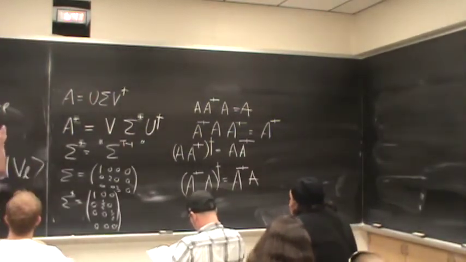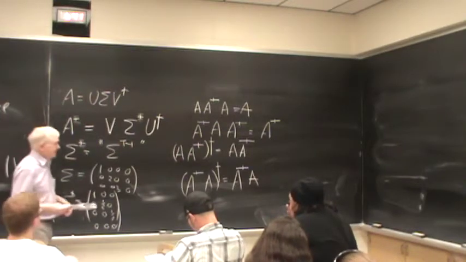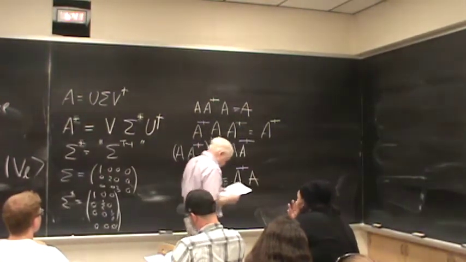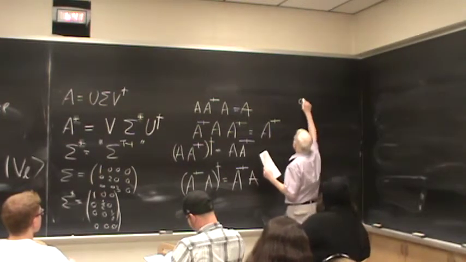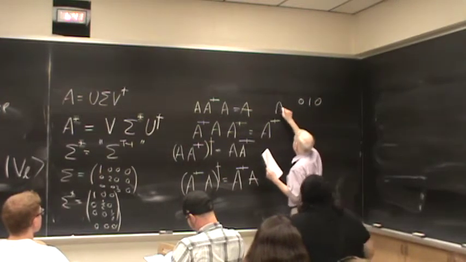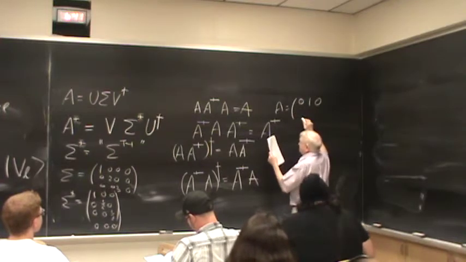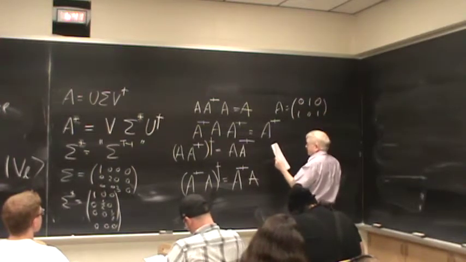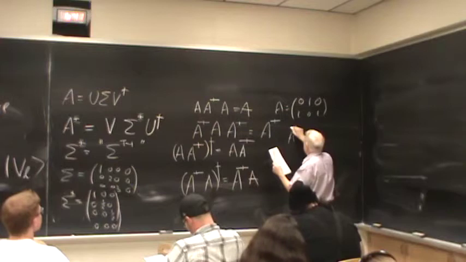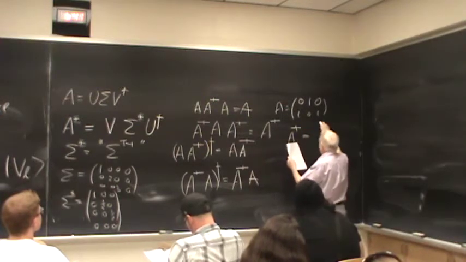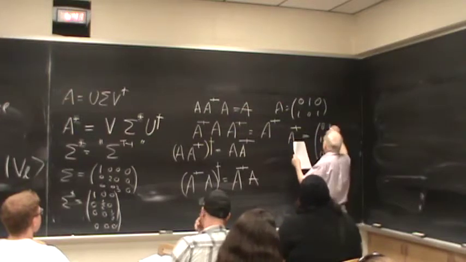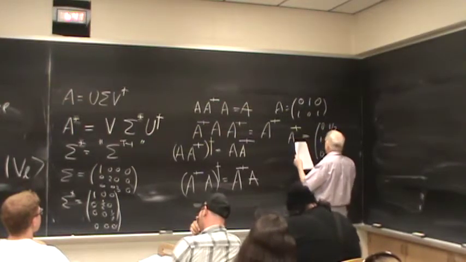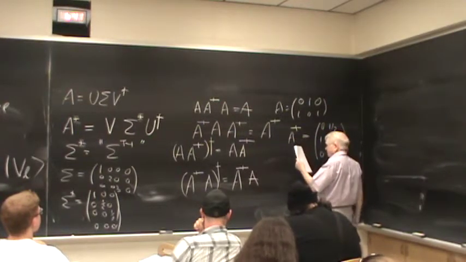And I did an example on the computer there. I can give you another related example. We can set A equal to 0, 1, 0, 1, 0, 1. A plus, I'll just tell you what the answer is. It's 0, 1, 0, 1 half, 0, 1 half.